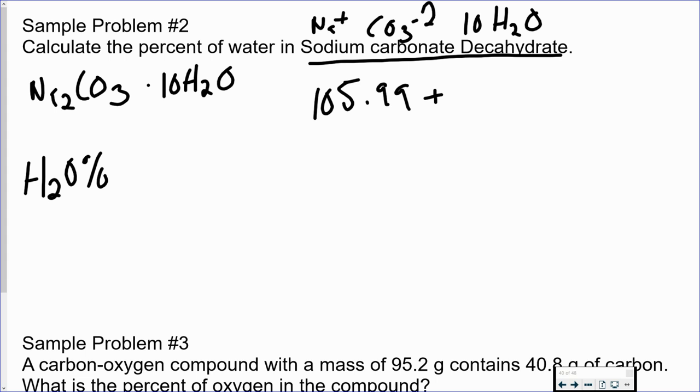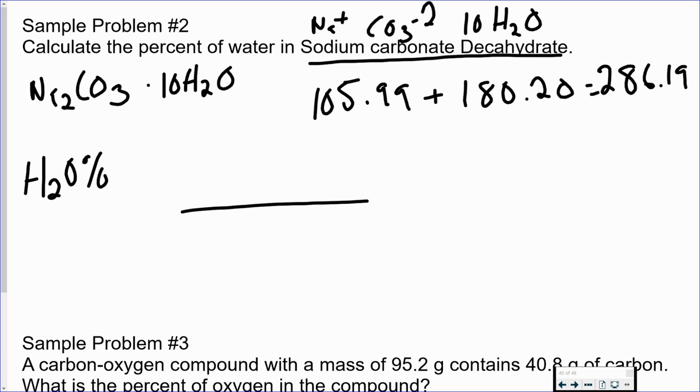16 for oxygen plus 2.02 for 2 hydrogens, giving you 18.02 times 10, since there's 10 waters, and you'll have 180.20. You'll add those together, and your molar mass for that entire compound is 286.19. So the percentage of water within that compound, you're going to have the mass of water, which is 180.20, over the entire mass, 286.19.